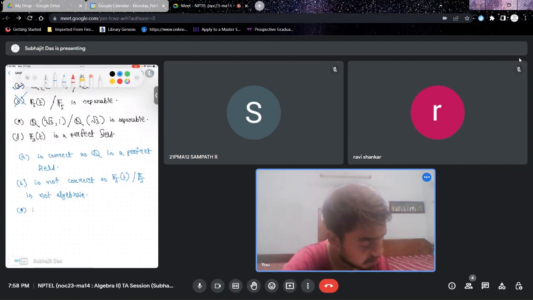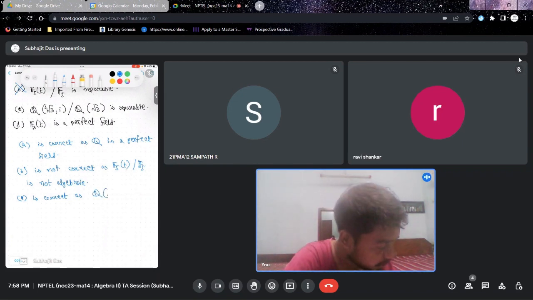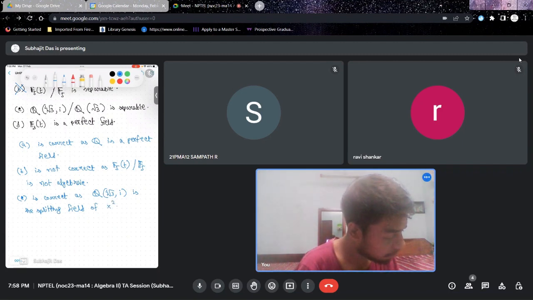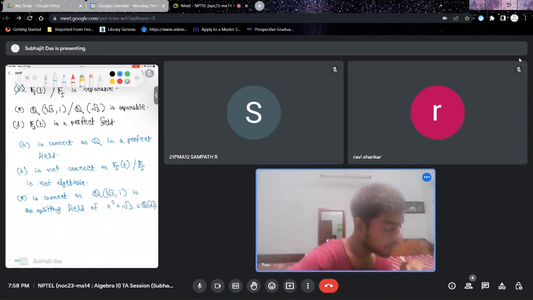Option C is correct. Why is option C correct? As Q adjoined with fourth root of 3 comma i is the splitting field of x to the power 2 plus square root of 3 belonging to Q(square root of 3), right?